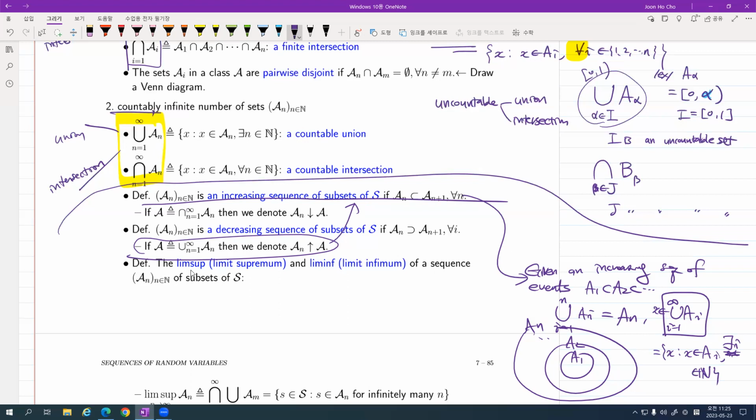And when you have an increasing sequence, you have some interesting property. Similarly, you can define a decreasing sequence. Again, you have an interesting property. Okay?